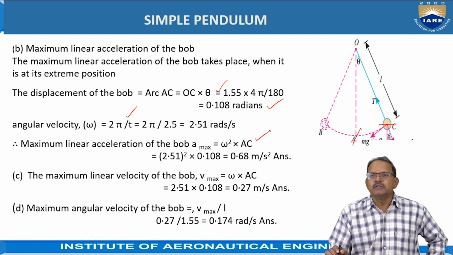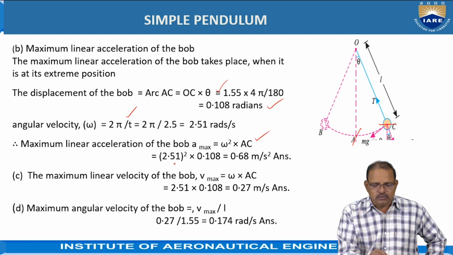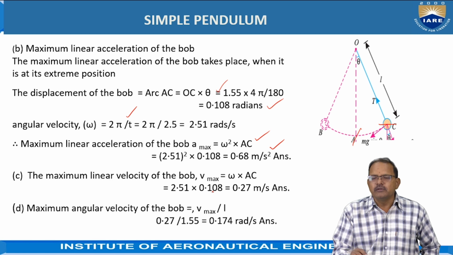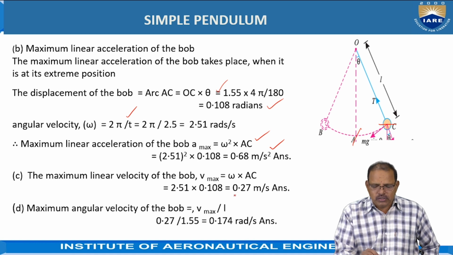It is equal to 2.51 whole square into 0.108, which is equal to 0.68 meters per second square. The maximum linear velocity of the bob is equal to omega into AC, which is equal to 2.51 into 0.108, which is equal to 0.27 meter per second.